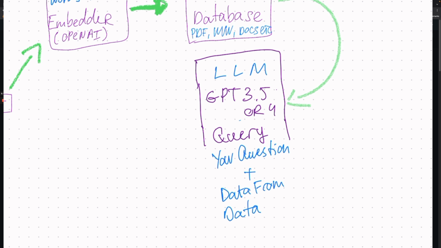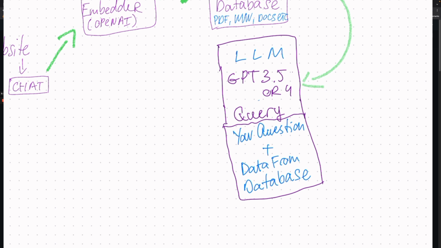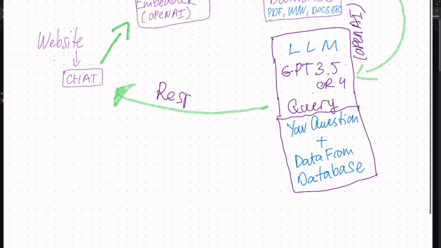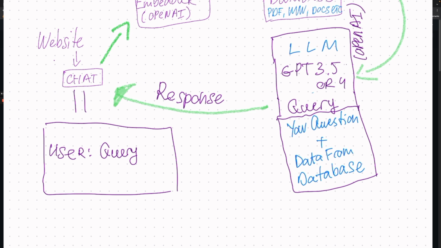It will go through the vector database, and then once it goes through the vector, it will go here, re-ask the question, and provide the information from the database if it finds anything. From all of that information combined, OpenAI will respond back to the chat.